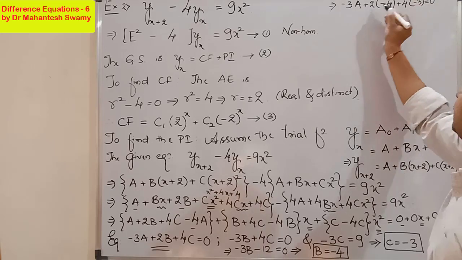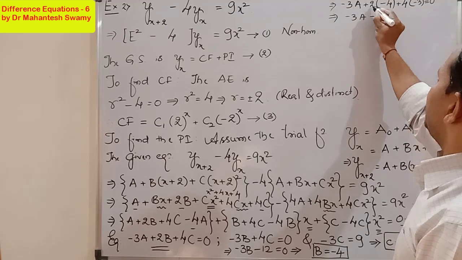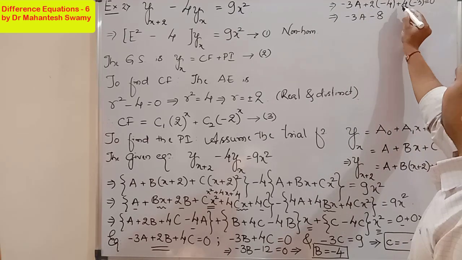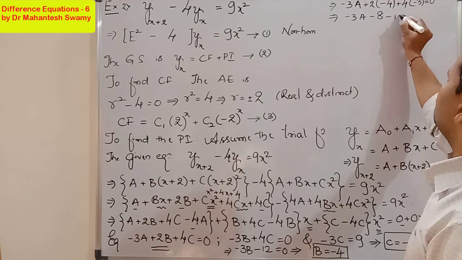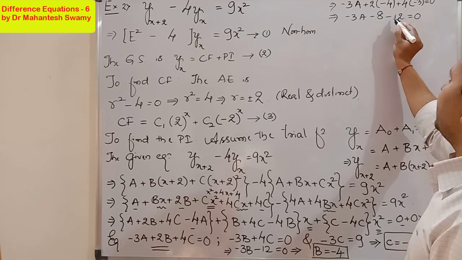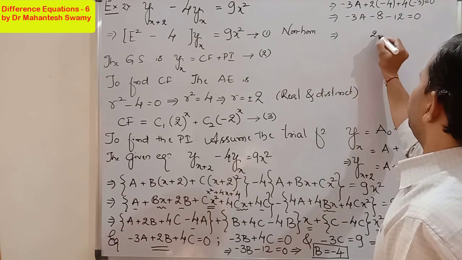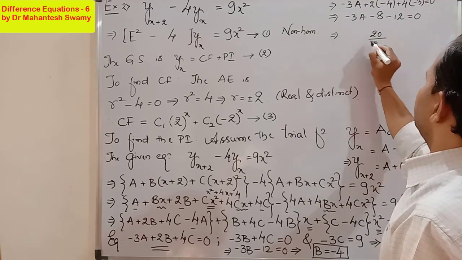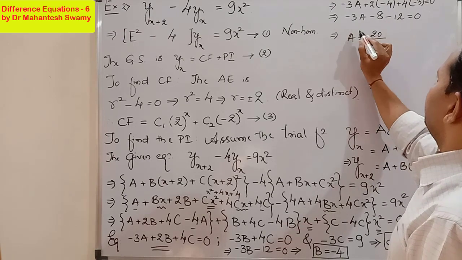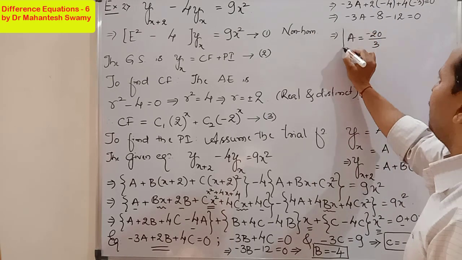Let us simplify. Minus 3a as it is, minus 2 fours are 8, minus 4 into 3 it is 12, equal to 0. So it is minus 8 minus 12, minus 20. If you transfer it to that side it becomes plus 20. So 20 divided by 3 is the value of a with minus sign. So minus 3 comes here, therefore a is minus 20 by 3. So I got the value of a as well.